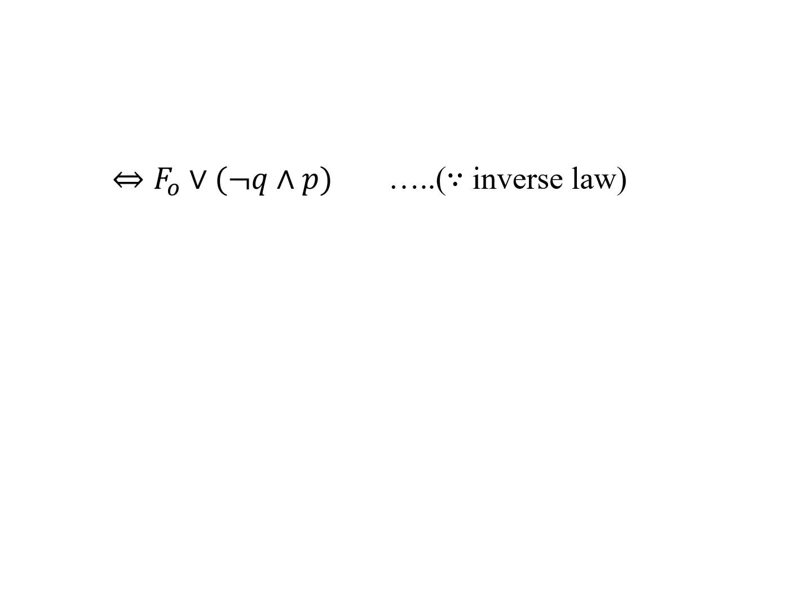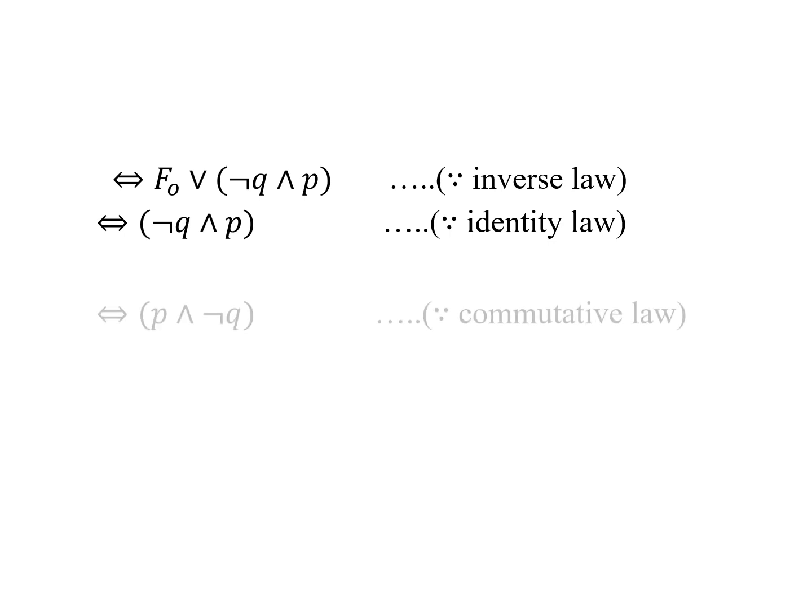Now again we have to use the identity law for this. We have already used that. A contradiction or some proposition is always that proposition. So using the identity law, we can write this whole proposition as negation of Q and P. Now negation of Q and P can be written as P and negation of Q, by the commutative law.